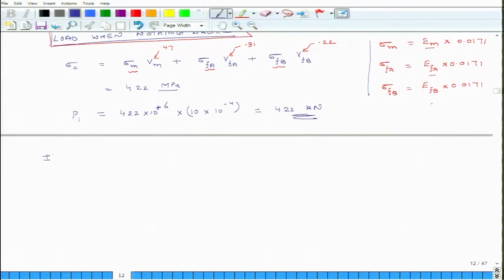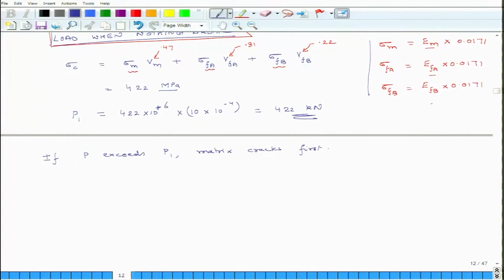Once the load exceeds P1, what will happen? The matrix is going to crack. Okay. So, if P exceeds P1, matrix cracks first. It depends how.